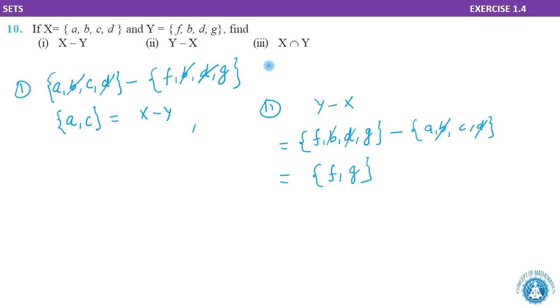Now we will find X intersection Y, correct? So the intersection of X and Y will be the elements which are common to both, right?